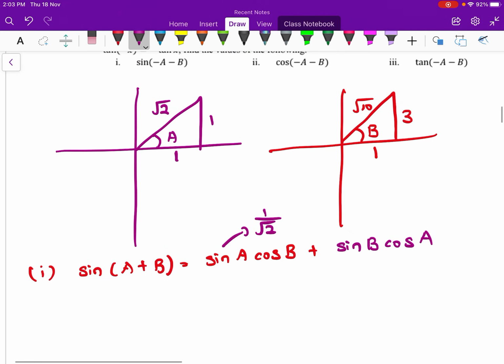Cosine B, we look at angle B. Because we already have adjacent and hypotenuse, we just put in accordingly: 1 over square root 10. Then sine B will be 3 over square root 10. Cosine A, we look at angle A, so it's 1 over square root 2.